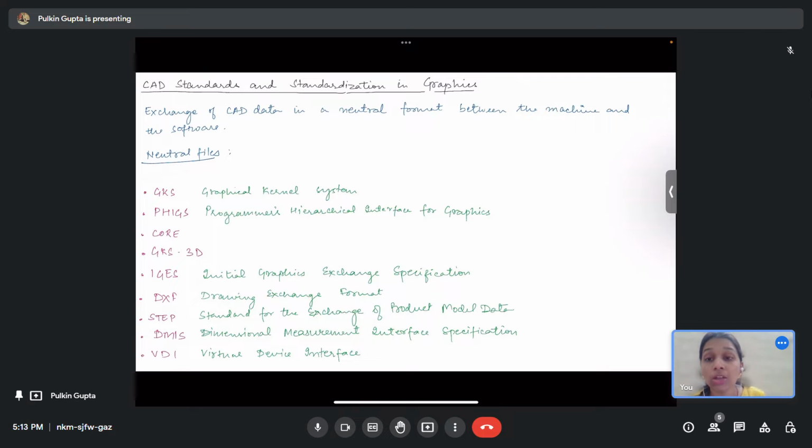Okay. So, certain CAD standards and standardization in graphics are required so as to ease the exchange of CAD data between multiple platforms.